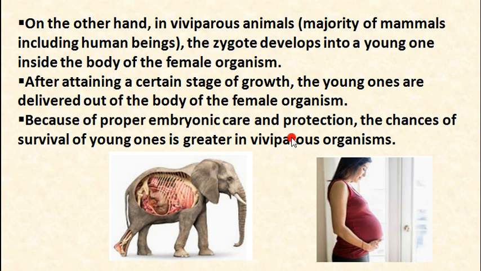We are viviparous animals. After attaining a certain stage of growth, the young one is delivered out of the body of the female organism.